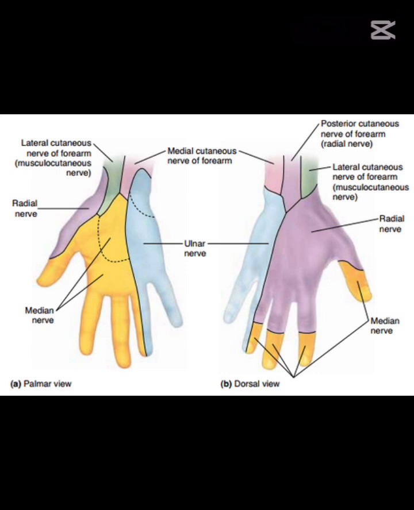The ulnar nerve does not supply all the four fingers; it supplies half of the fourth finger and the fifth finger, while the median nerve supplies the second, third and half of the fourth. Second, third, half of the fourth: median nerve. Half of the fourth and the fifth: ulnar nerve.